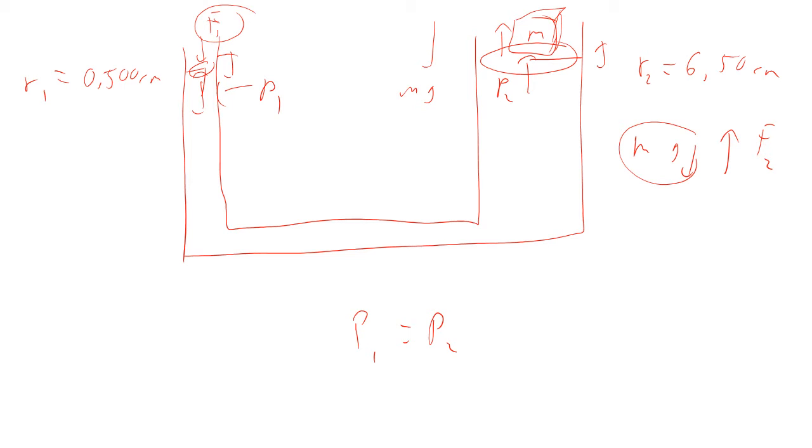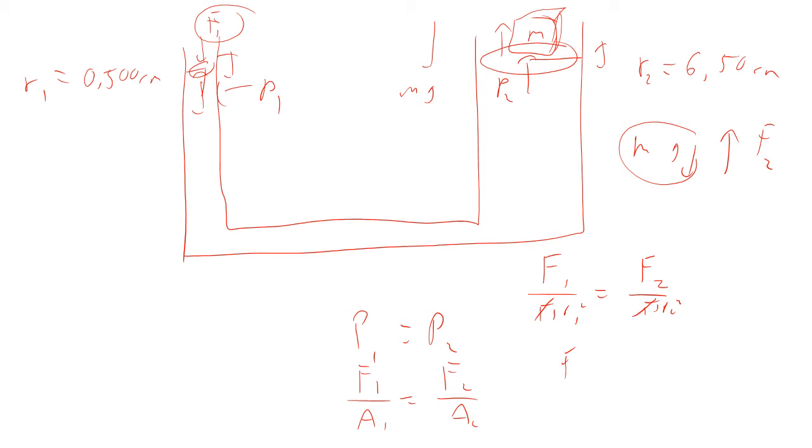Okay, now pressure is force over area. So that means this is going to be F1 over A1, and that's going to equal F2 over A2. Well, that's going to mean that F1 over pi R1 squared equals F2 over pi R2 squared.